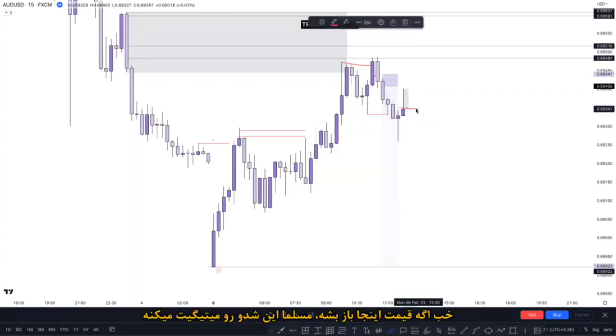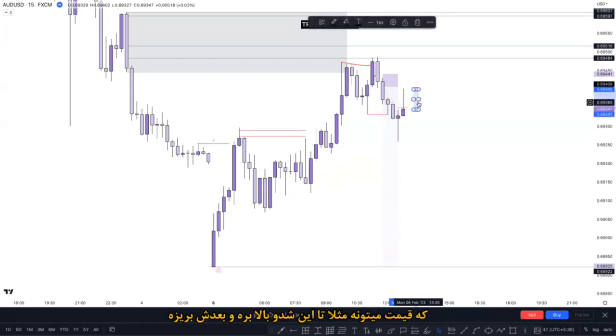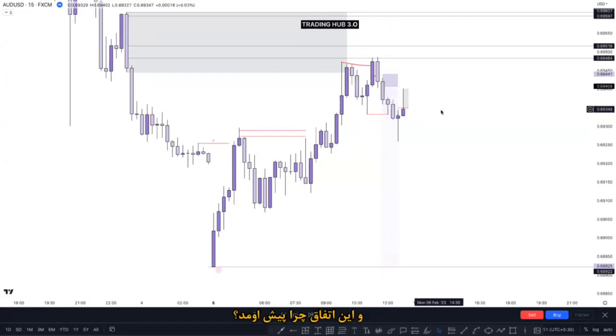Okay. So if price opens here, then the market mitigates this shadow. Okay. But this is a bearish candle. For example, if this is a bearish candle, then you can use the entire candle as a PD array, and then the market can go higher to mitigate this shadow before a downside. And why did this move happen here? Because look at this picture.